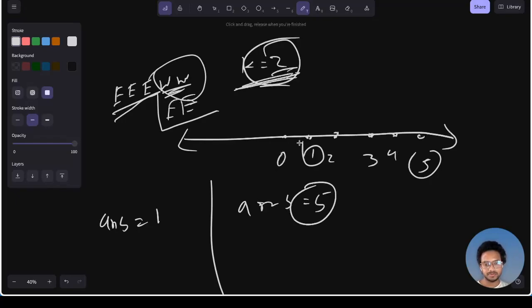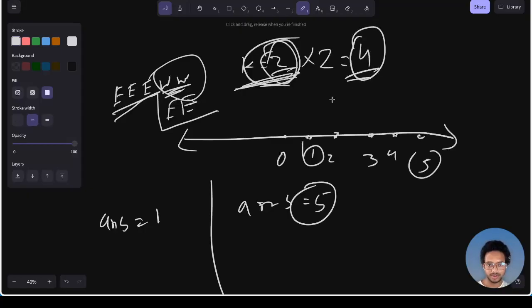I already said that if you have the value of k, you can simply multiply by 2, and you get the power to add 4. If you add this 4 to your previous answer, it is 5. I hope you got it. So that's how you can add your power.